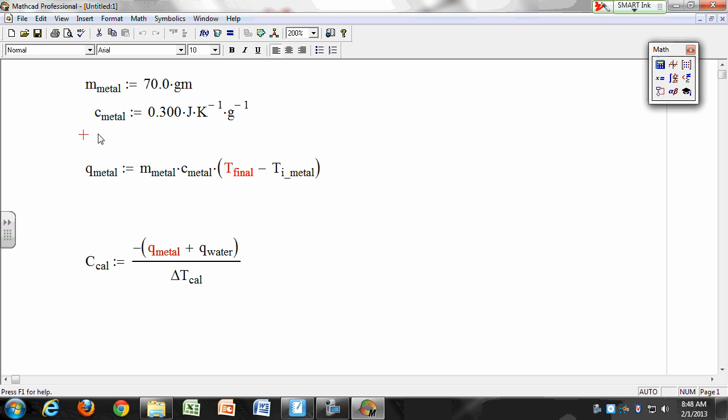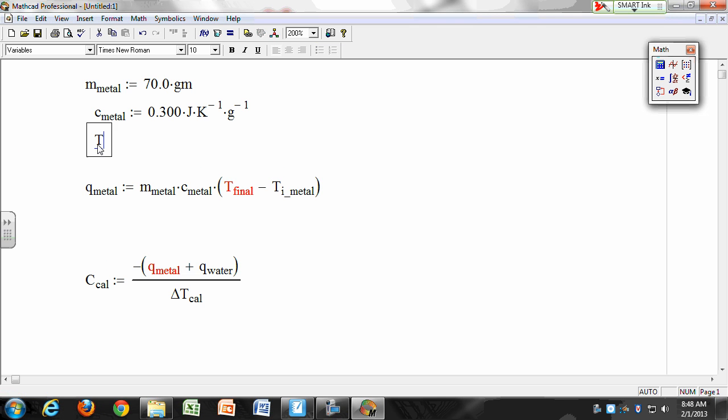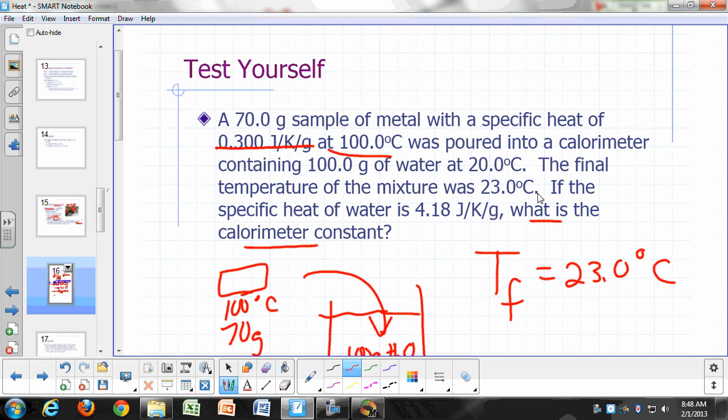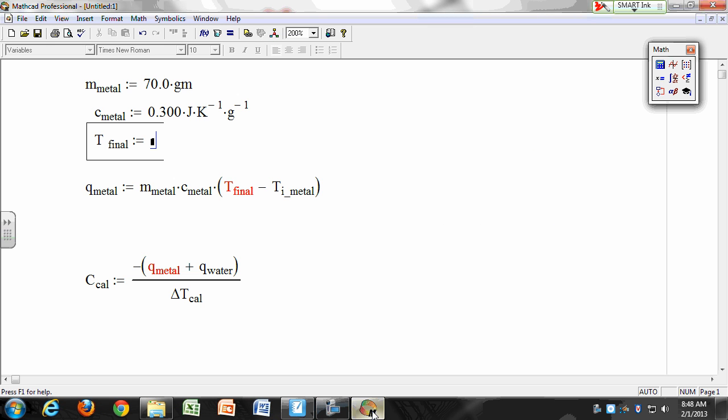Okay. And what's our T final? Our final temperature was 23.0 degrees Celsius, so let's make that Kelvin. So 23.0 plus 273.15 Kelvin.